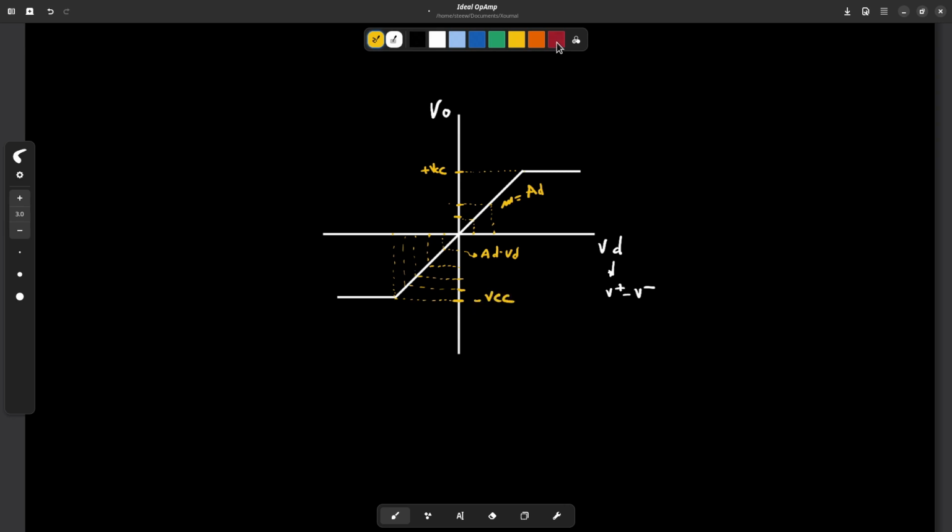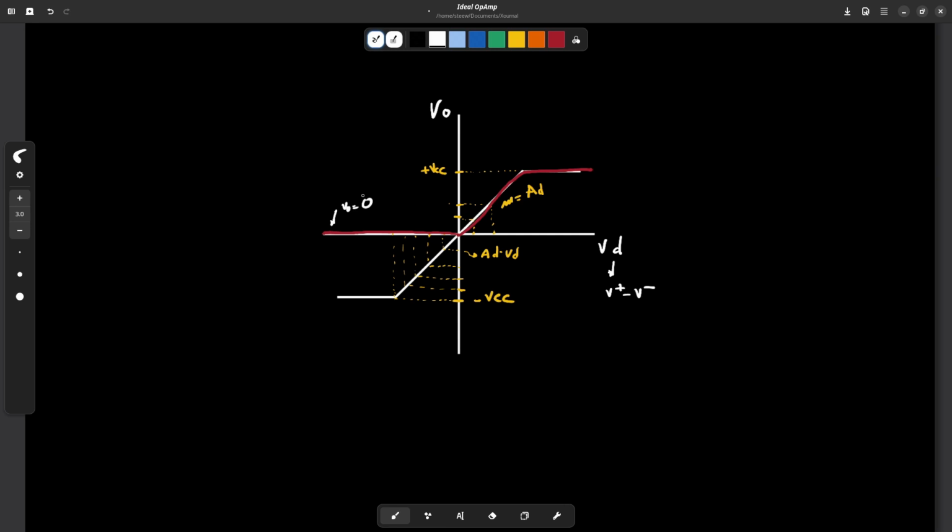In the case that the amplifier is biased with a positive voltage and ground, we will have something like this. For positive values, we will have this response, and for negative values, the minimum value of the amplifier output will be 0, which is the lowest supply voltage of the amplifier.